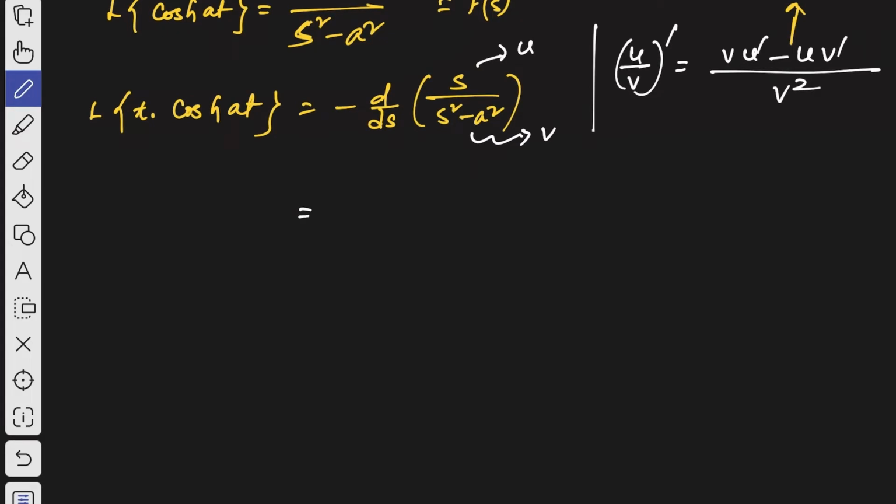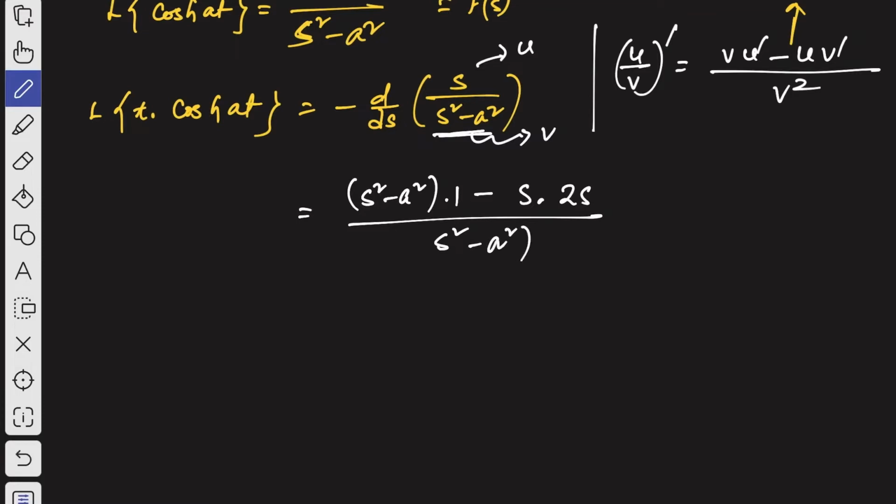So in that case, let me scroll down the page. s square minus a square, derivative of s, that's going to be 1, right? Minus s, and derivative of v is here, this one, s square minus a square. If you differentiate it, you will get twice s, and derivative of a square will be 0 definitely, by denominator square, s square minus a square, that's going to be whole square, right? So hope you have got it.